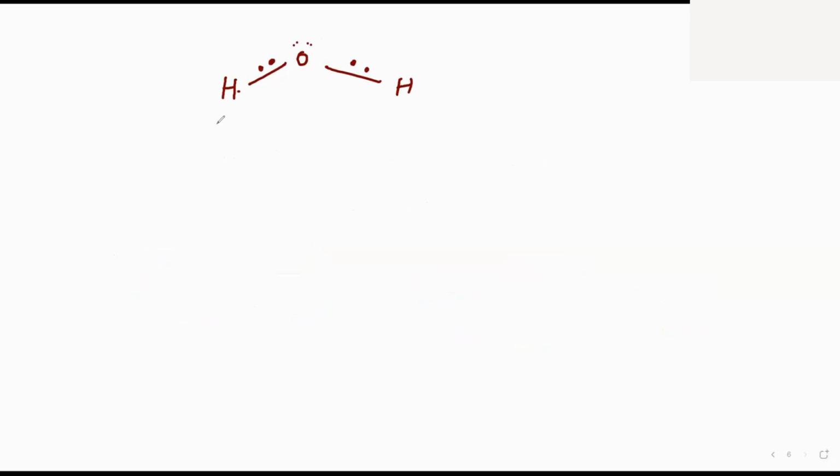So this is one single molecule. But in an ionic compound, we do not have that. We have millions and millions of ions regularly arranged in a lattice arrangement.